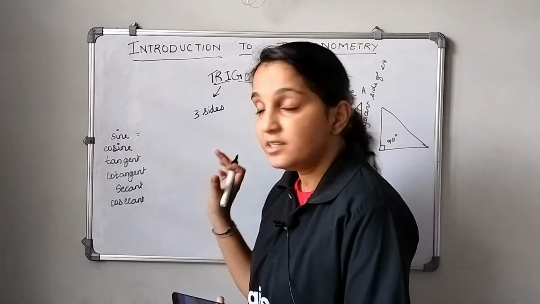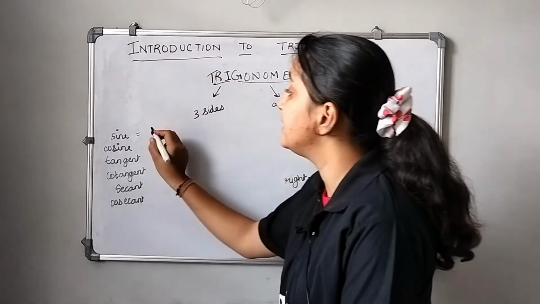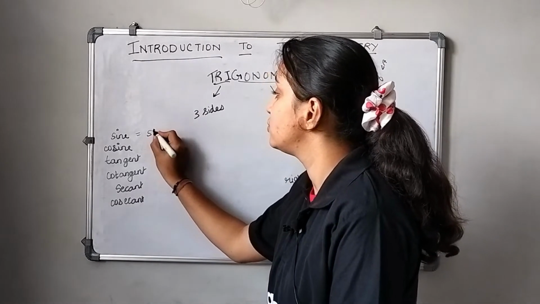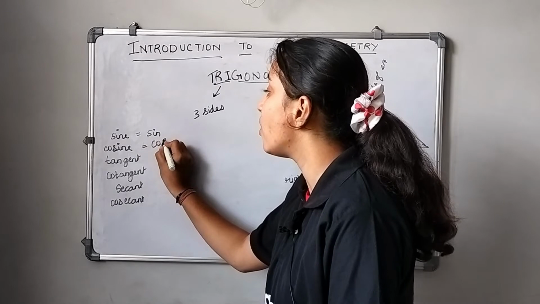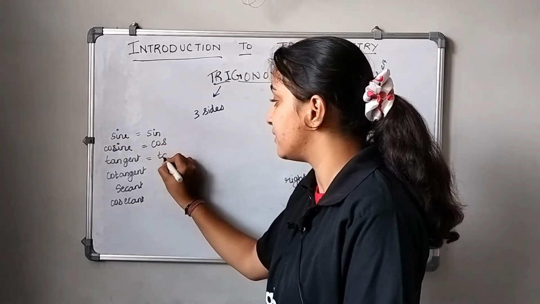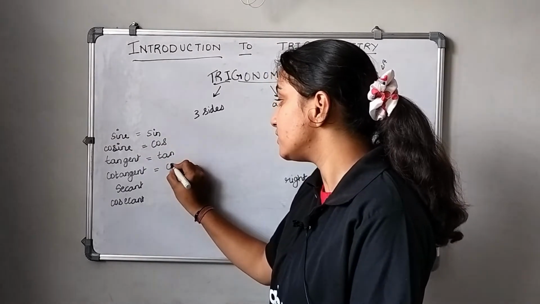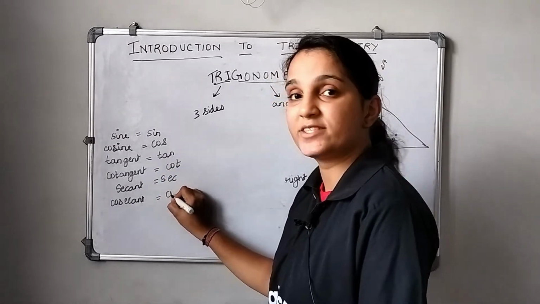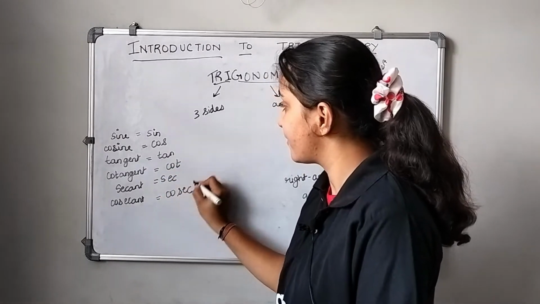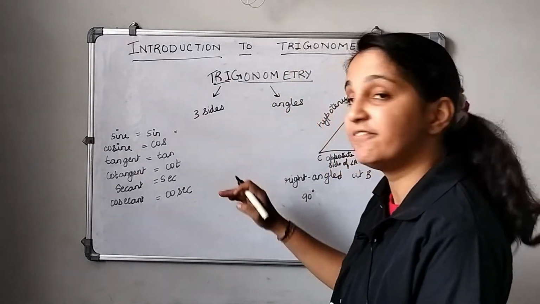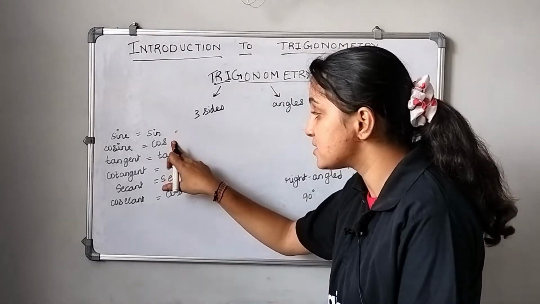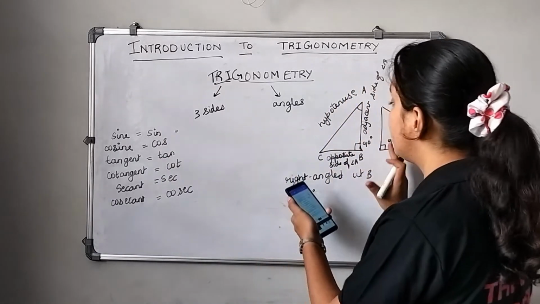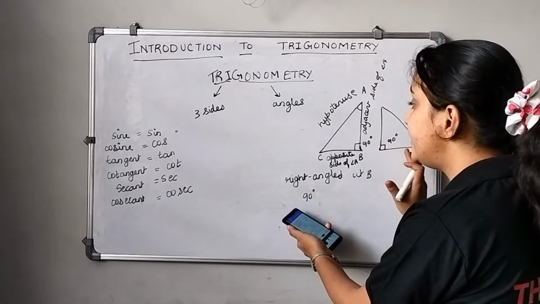When we write them in books, we write them in short form: sin, then cos, tan, cot, sec, and cosec. Now they have some definitions regarding this right angle triangle.